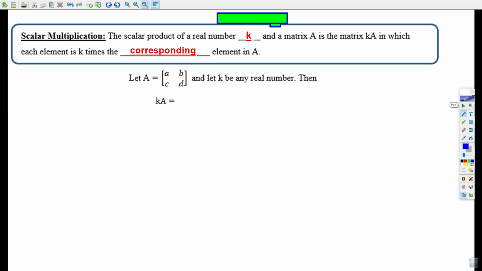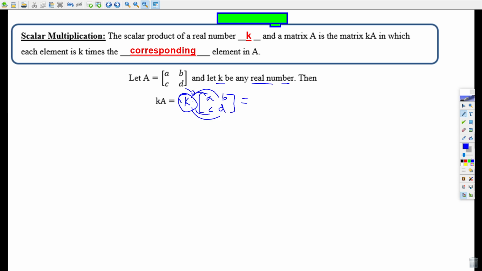So let me show you. If A is a, b, c, d, and k is any real number, then what happens? If we do k times A, or kA, then we're going to do k times the matrix A. So I'm just going to put that down here. a, b, c, d. So what do I mean by the distributive property? If you have a number outside of a matrix, the k goes to everything, the a, the b, the c, the d.